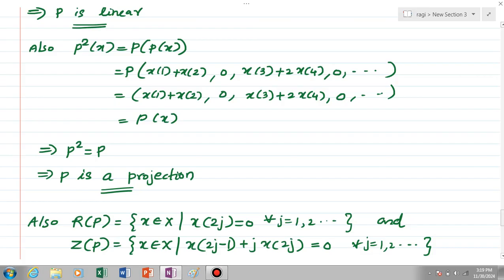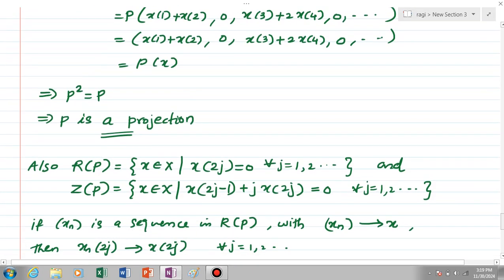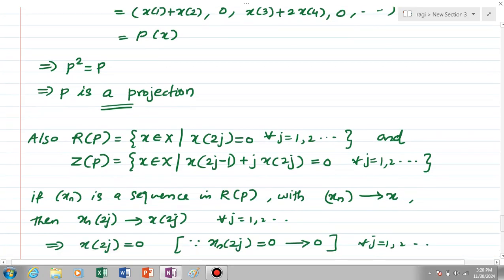Clearly both R(P) and Z(P) are closed subspaces of X, because if we choose a sequence x_n in R(P) with x_n converging to x, then x_n(2j) converges to x(2j) for every j, but x_n in R(P) means x_n(2j) = 0 for every j, and so the zero sequence converges to 0 clearly, and we get x(2j) = 0 for every j.